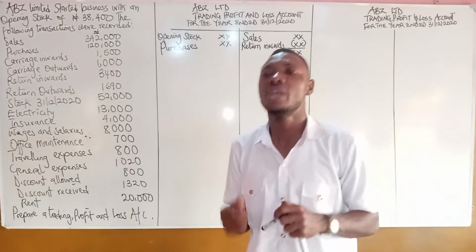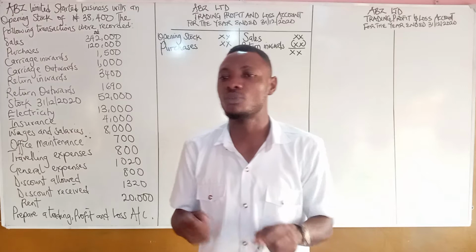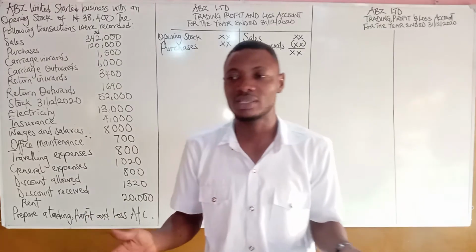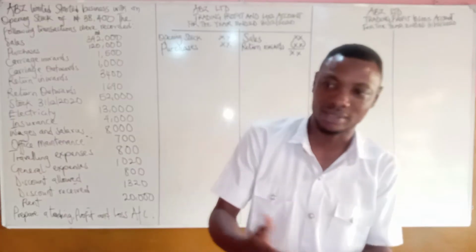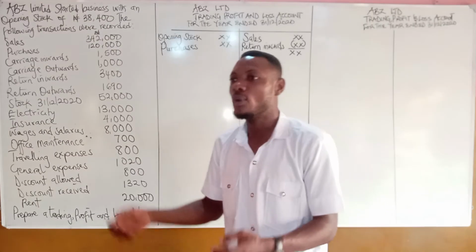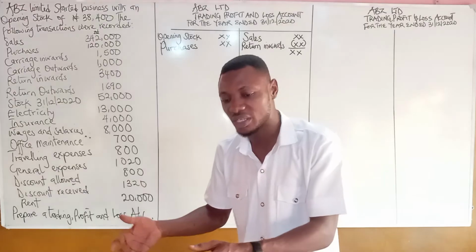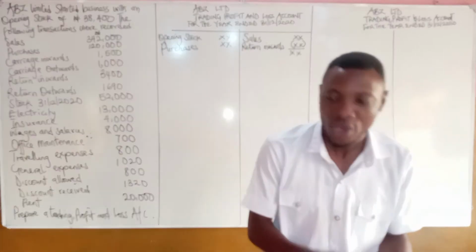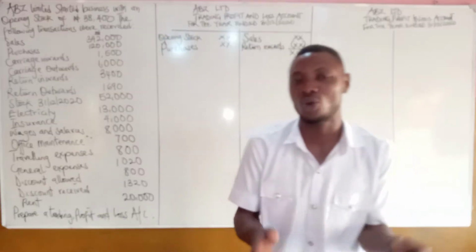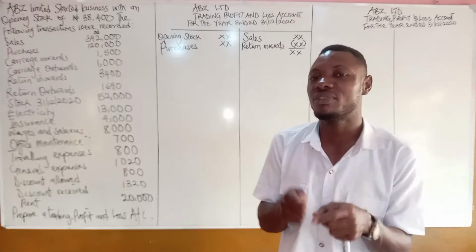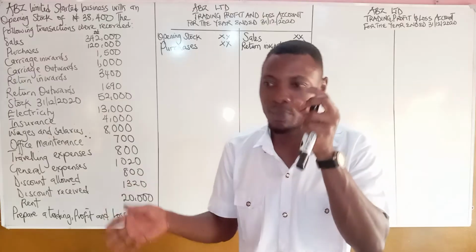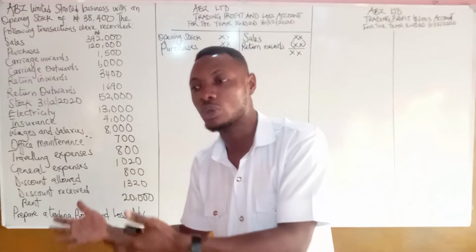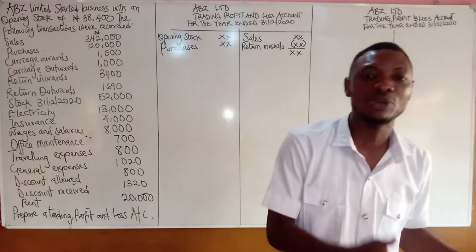So what will they do? They will employ the service of wheelbarrow pushers, those persons that aid in conveying goods from one point to another in the market using wheelbarrow. When you give them your goods, they put it in the wheelbarrow and carry it to the car. You will pay them maybe 100 naira or 200 naira. When you give them that amount of money, it is called carriage inwards, the amount of money you use in conveying your goods from where you bought it to where you need them to be.